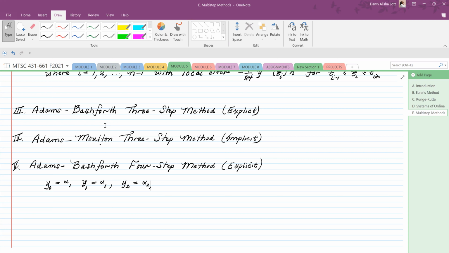So I'll just scan this and put it in. But I'm going to say something about the four-step method in a little bit. That's why I wanted to do a little bit more with this one.